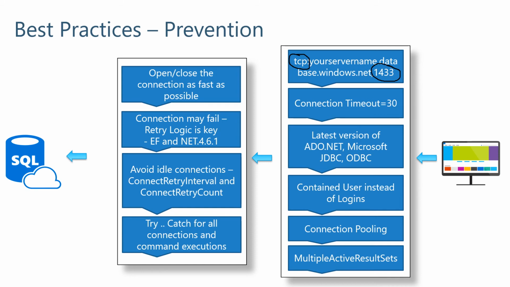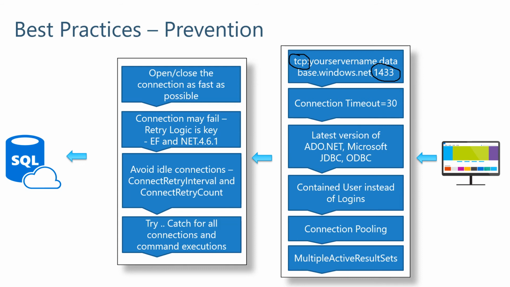Our other recommendation is to try to catch all the connections and command executions. It's very important to have a very good error handling mechanism, because suppose you are running a command, you don't have any error handling, and an error occurs while the connection is open.